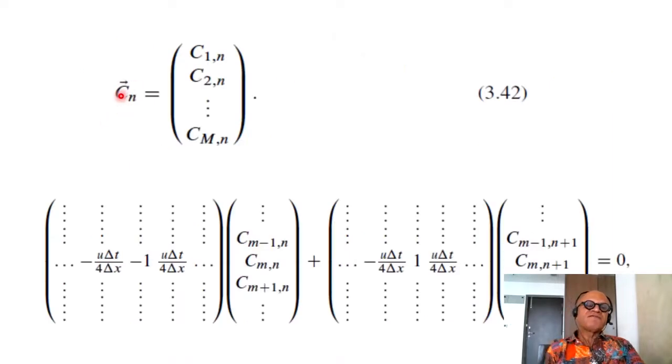So we can write the vector Cn as all the space points 1 to m at n, and our numerical discretization equation basically becomes something like this: an array of terms like minus u delta t over 4 delta x minus 1 and then u delta t over 4 delta x.